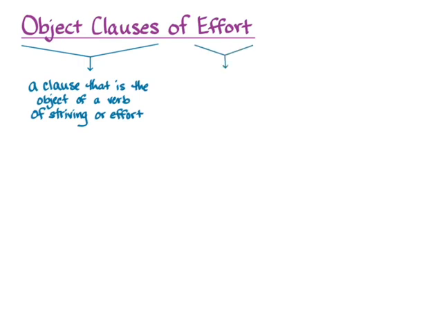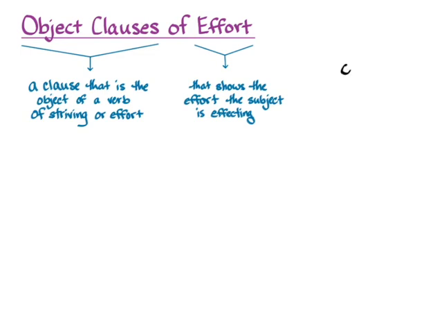And the effort part of the title tells you that the clause shows the effort that the subject of the verb of striving or effort is making. So this is going to be in sentences where there's a verb of striving or effort, where somebody is making something happen, and the object clause tells you what that effort is. What is it that they are trying to make happen?